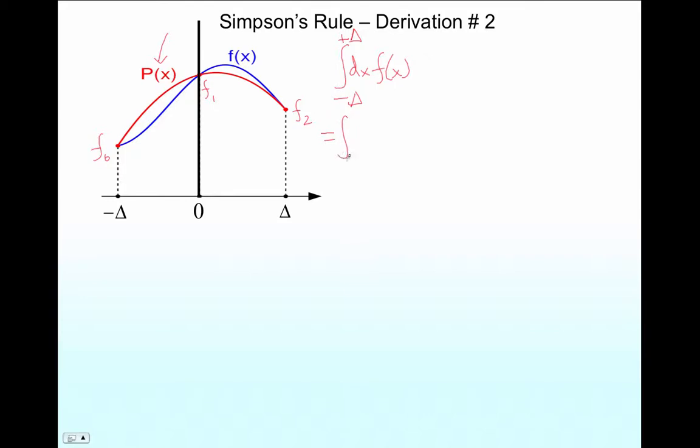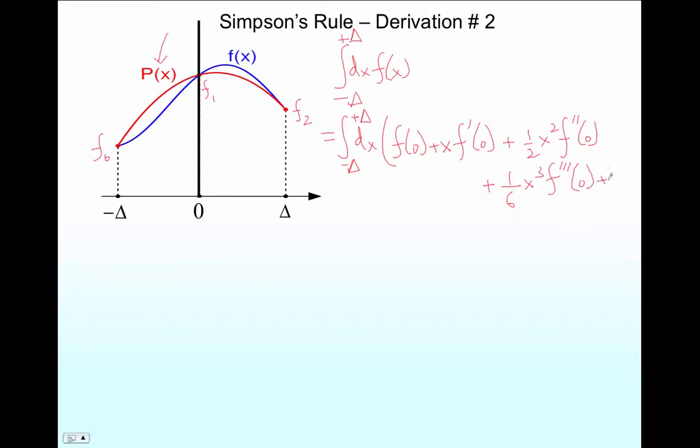And I'm going to use over here Taylor's theorem and expand out f of x, which is f of 0 plus x times f prime of 0 plus half x squared times the second derivative at 0 and 1 over 3 factorial, which is 1/6, x cubed, the third derivative at 0, etc.